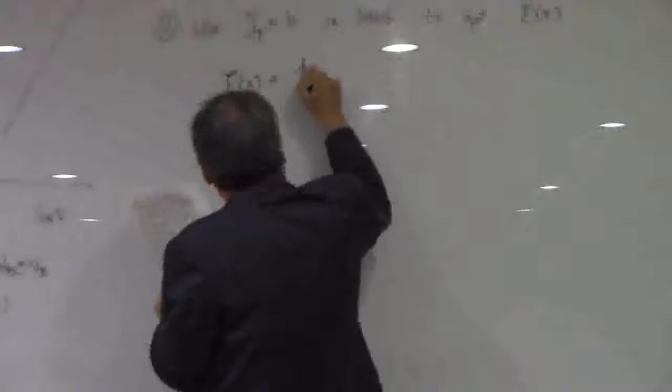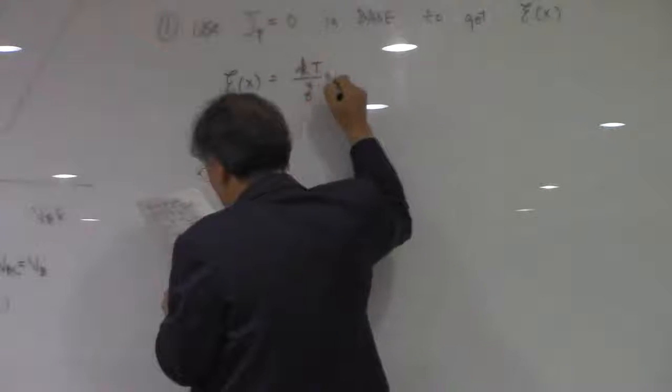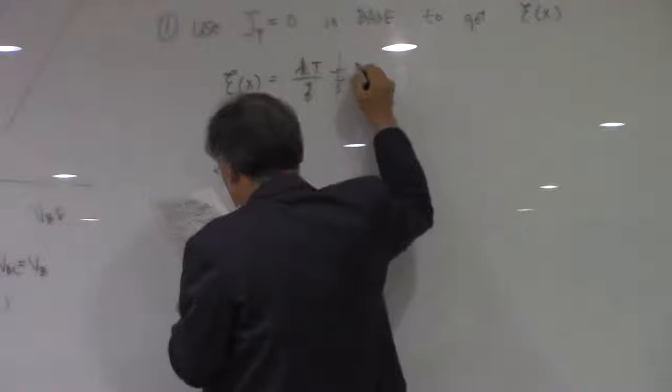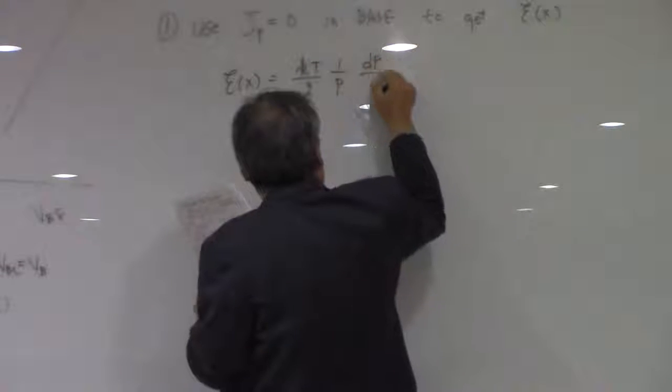And that is KT over Q, 1 over P dP over dx.